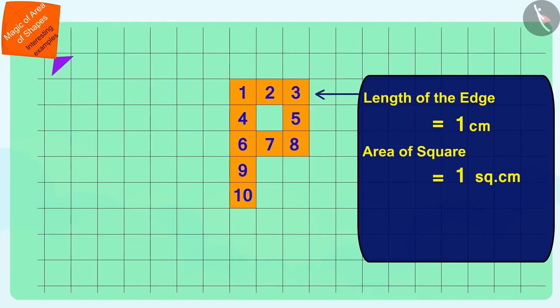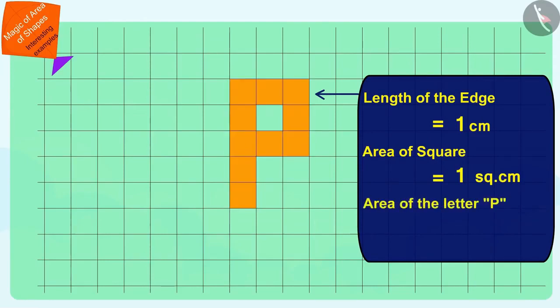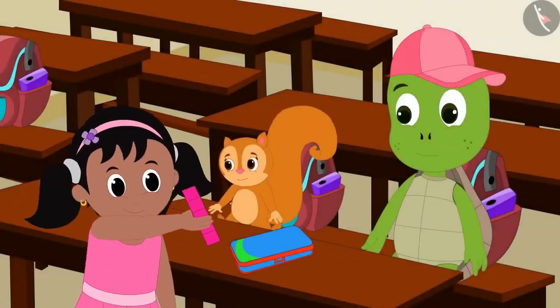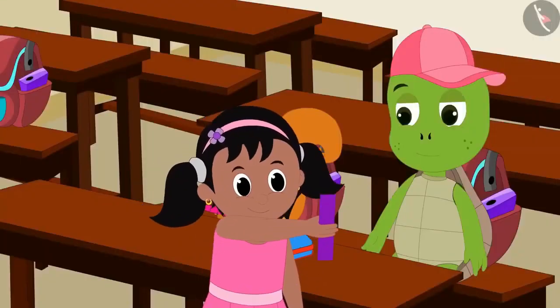Pinky has used 10 such stickers in her name letter P. Therefore, the area of the letter P in her name will be 1 times 10 square centimeters. Pinky gave 10 stickers each to both Chanda and Tufan to make their own letters.